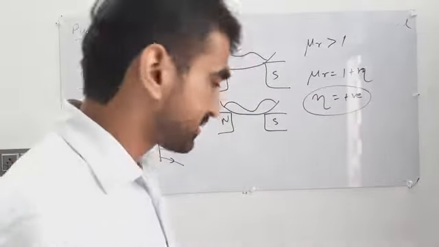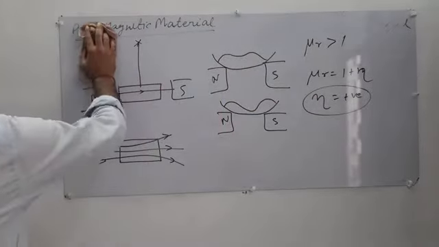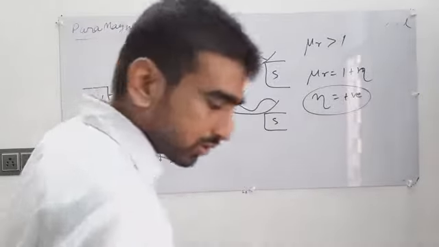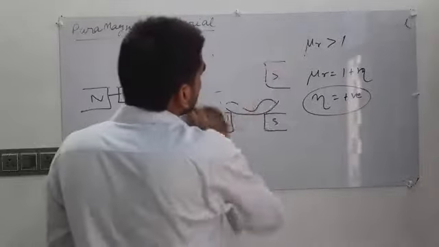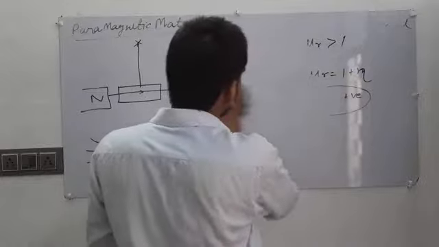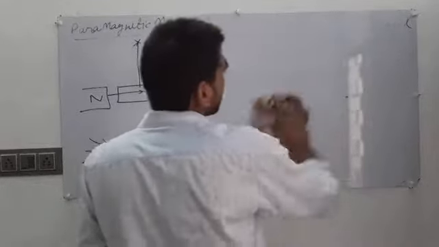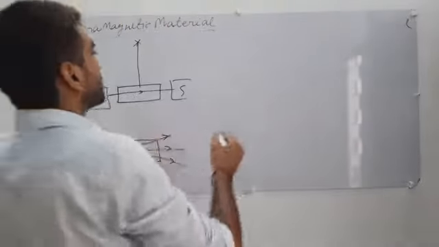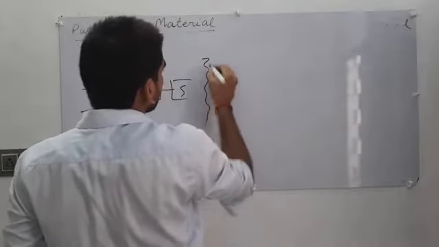Now let's discuss ferromagnetic material, which is also related to paramagnetic material. In an atom of paramagnetic material the net dipole moment is not zero.